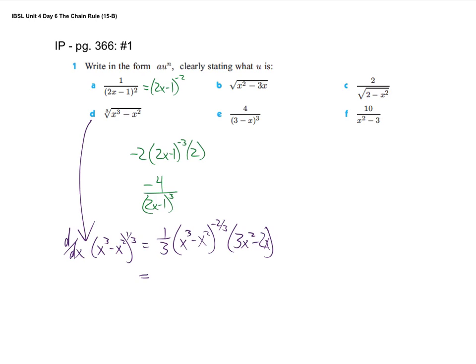Now I'm simplifying it: 3x squared minus 2x over, and you can leave this as a fractional exponent, x cubed minus x squared to the 2/3. Or if you want, you can make it the cube root of that squared, to translate the 2/3 power.